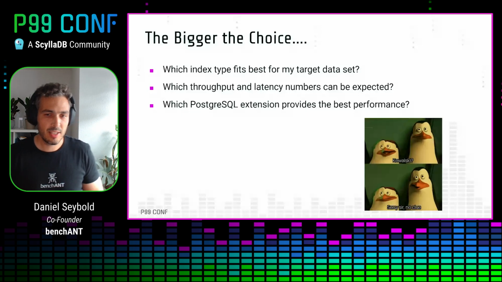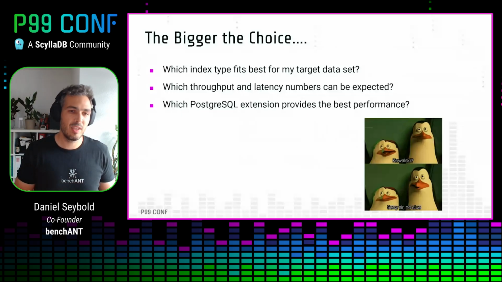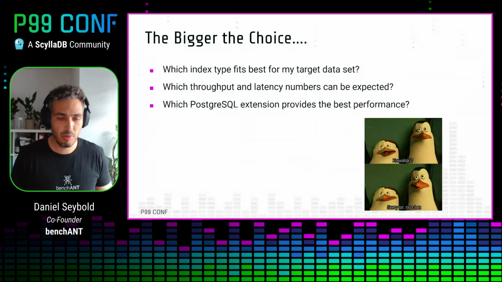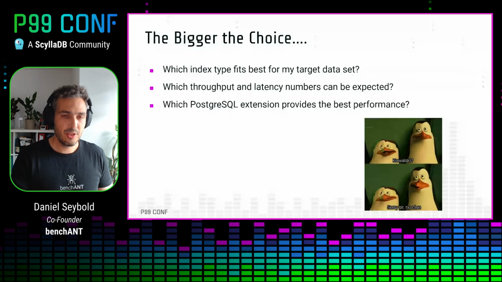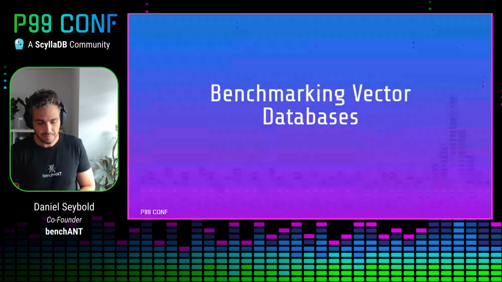In order to answer these questions, if you're lucky, you might already find a report that analyzed this, especially for your use case. It's probably not the case. So you have to run the measurements or benchmarks by yourself.